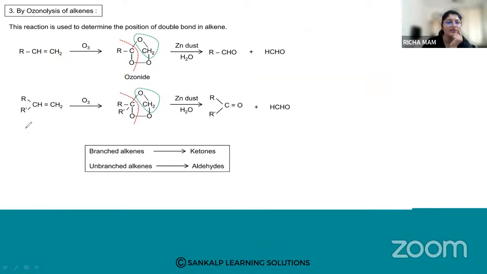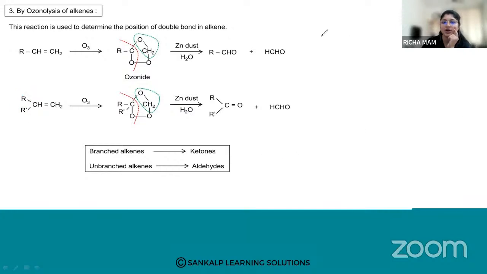Next is when you have two alkyl group substituted alkene. Same way, same procedure. I'll show you stepwise.